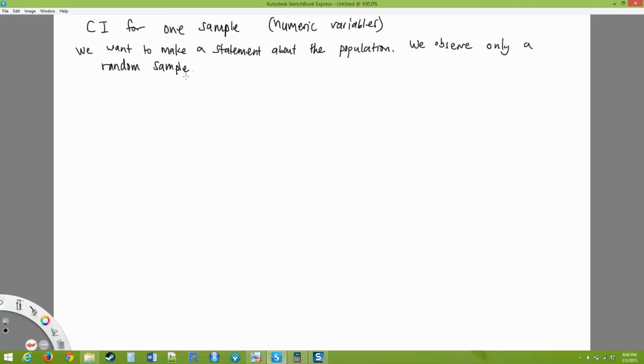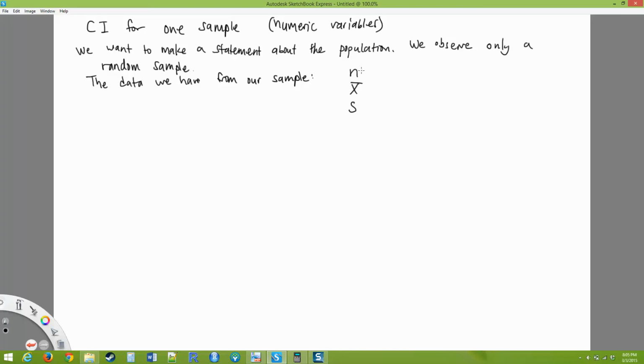And so the data that we have from our sample: we have the sample size n, we have the sample mean x bar, and the sample standard deviation s.